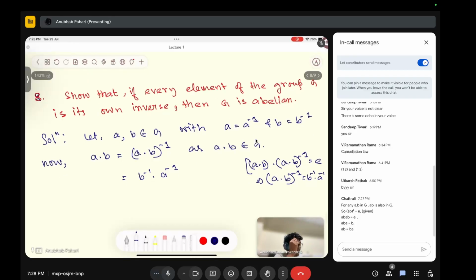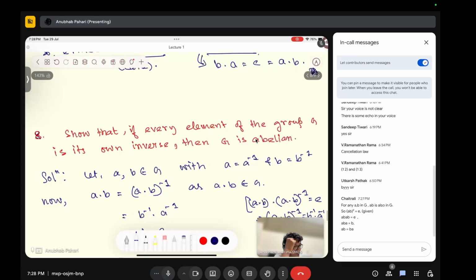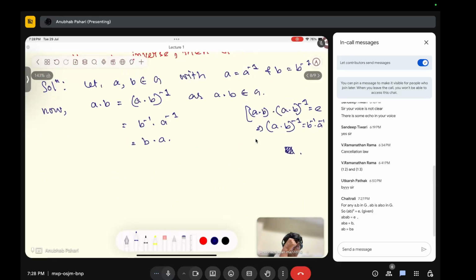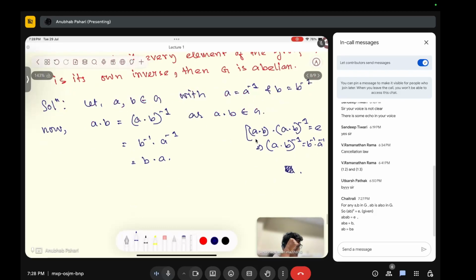Anyway, so it should be b dot a. Then we are done. Now go to the next problem and we'll be seeing that.